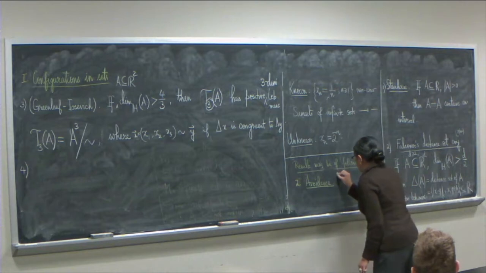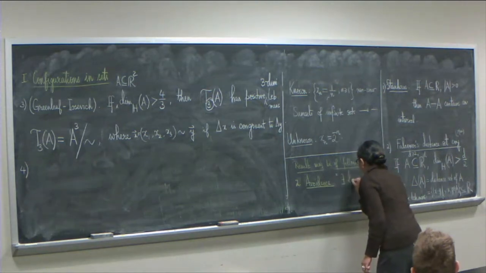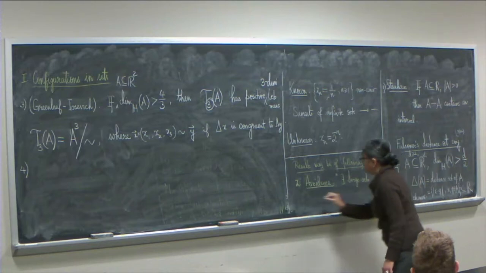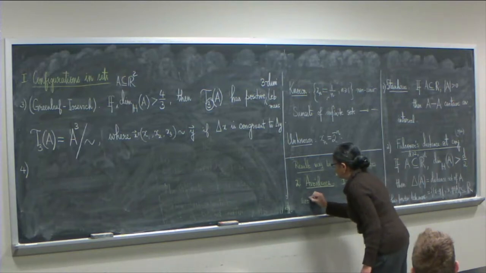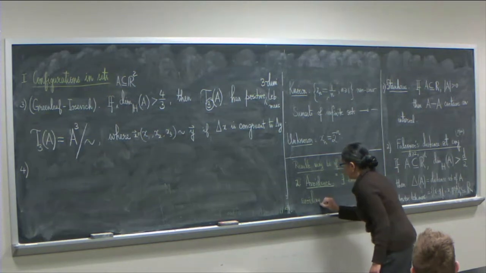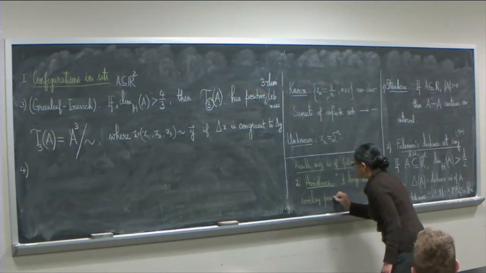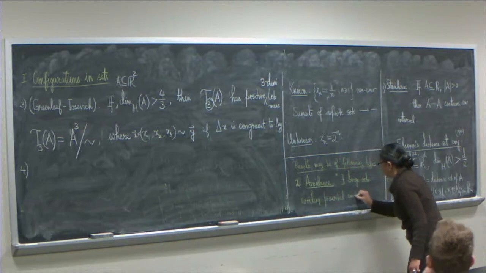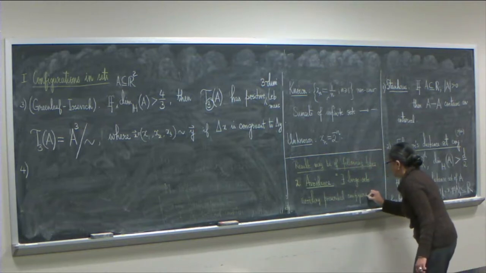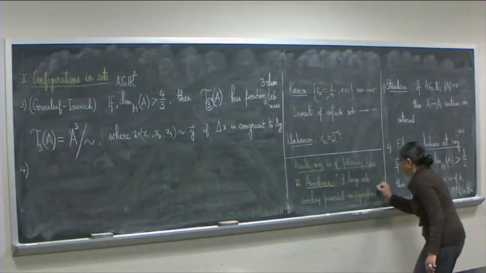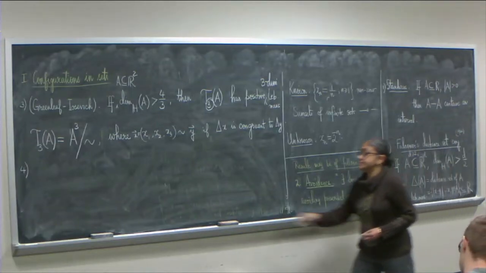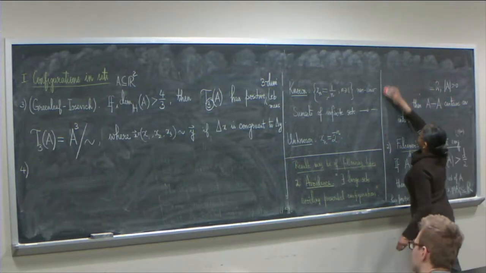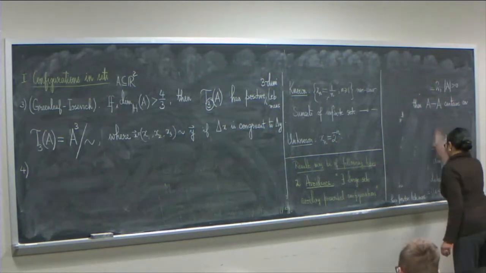So there exist large sets avoiding prescribed configurations. Okay. So let's look at some examples. Maybe that will shed some further light on this result, and then I'll say a few more things.